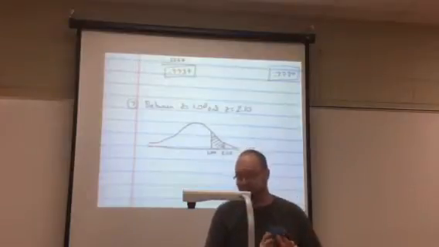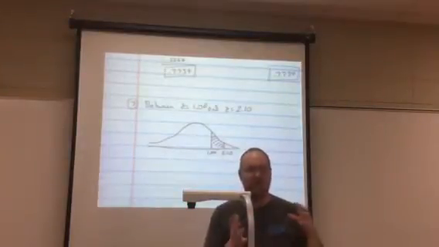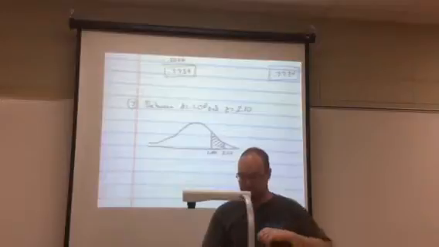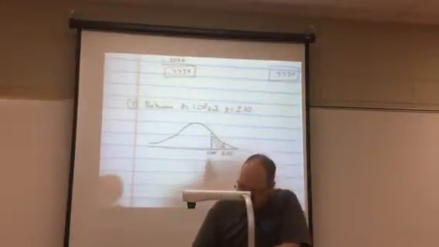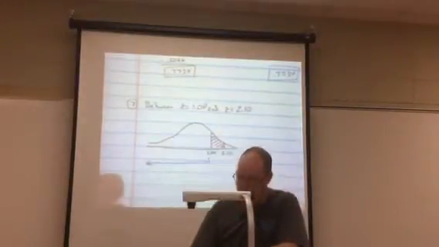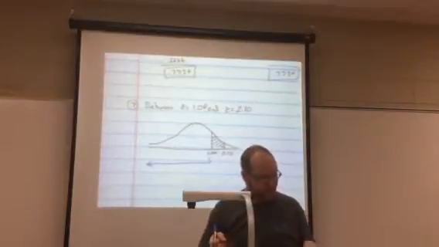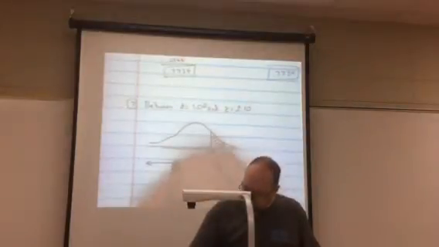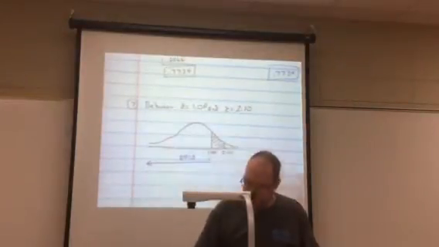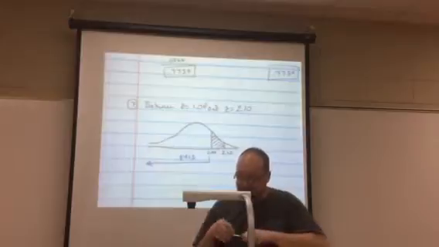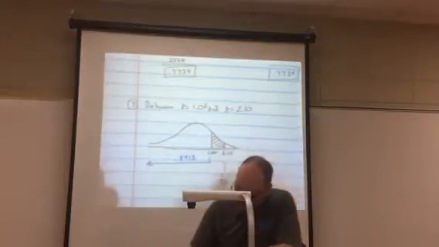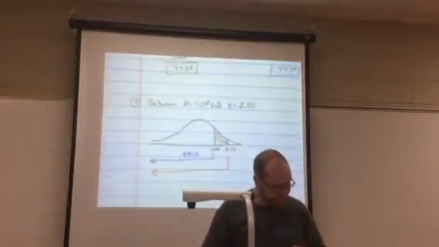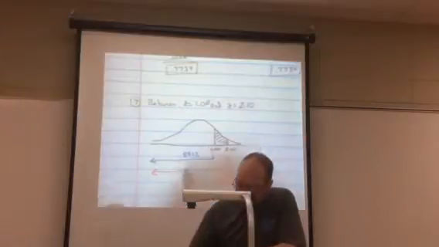Again, my chart is the chart. All it gives me is the areas to the left of each of those z-scores. So I've got to work with that. So let me find the area to the left of positive 1.00. And my chart says that that region is 0.8413. Let me also find the area to the left of 2.10, which is 0.9821.